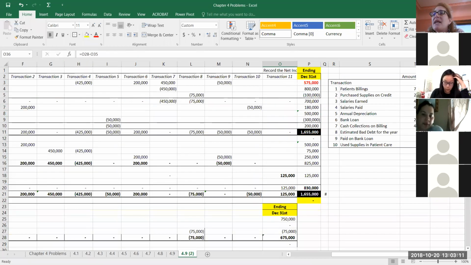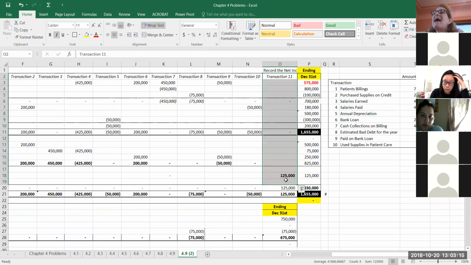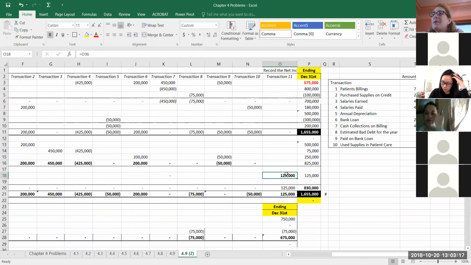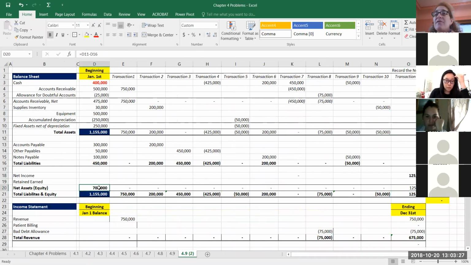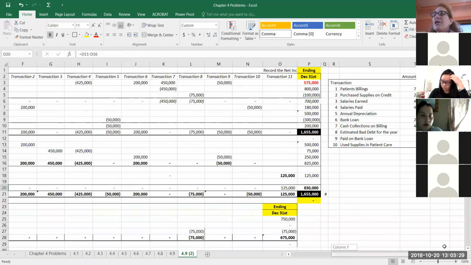And you put that in retained earnings. So that's the last transaction you make, adding your net income to your balance sheet in your equity section. And once you add that item to your existing balance, which in our case was $750, that should then allow your two statements to tie.